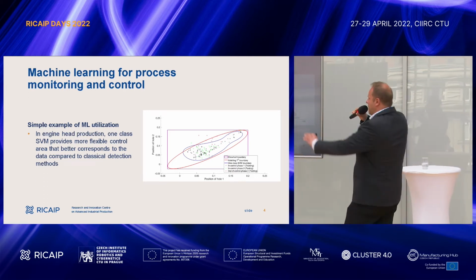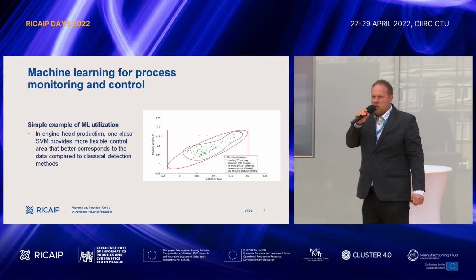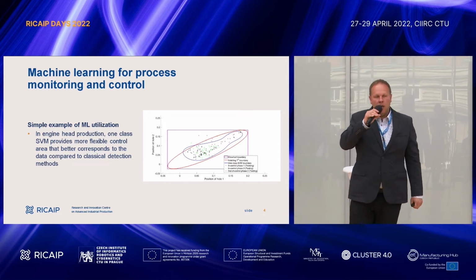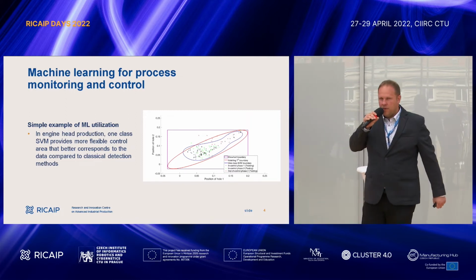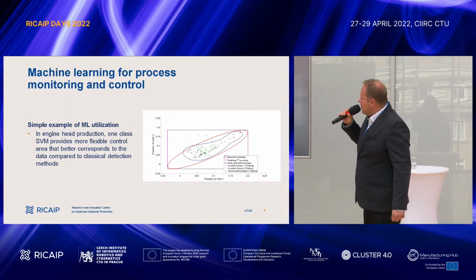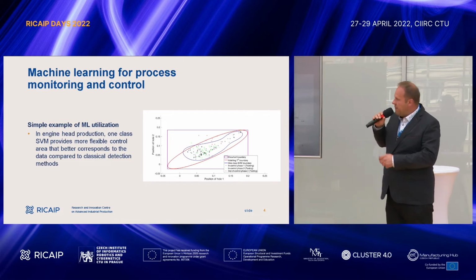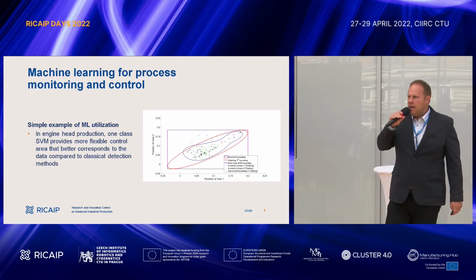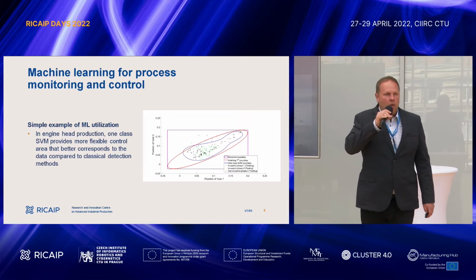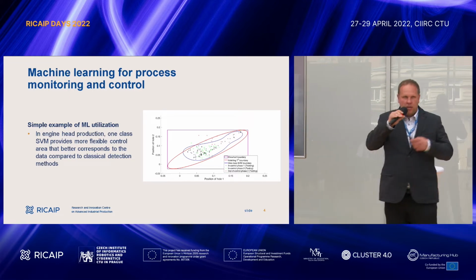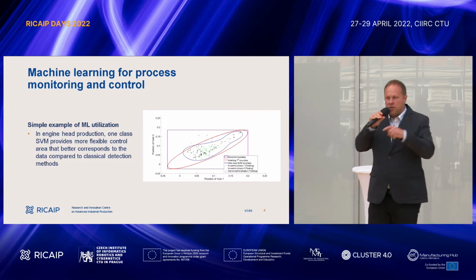Then on the right, slightly shifted, you can see data from a process which was out of control, and the task is to detect those points. The purple lines form a rectangular area, the borderline created by the control limits computed by individual control charts.